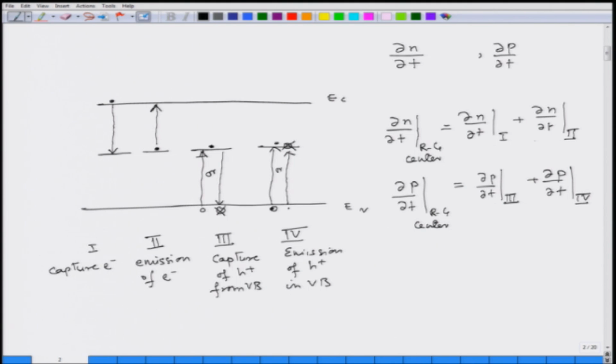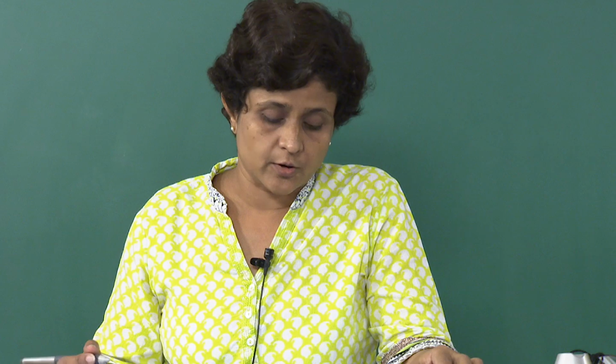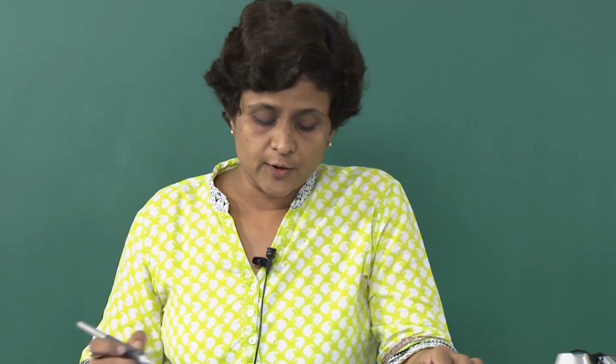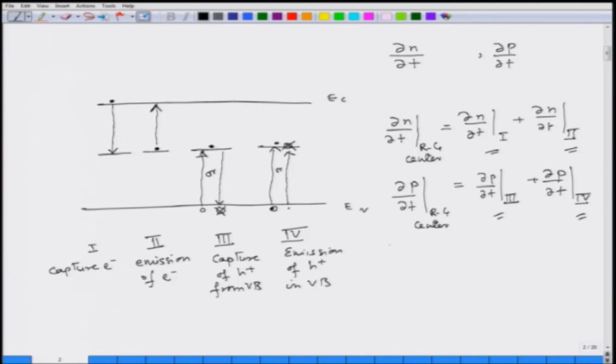So, what are the rates for the first 1, 2, 3 and 4 processes, and there we make certain approximations and certain postulates on how we are going to model it. So, if I want to now give some expressions for processes 1, 2, 3, 4, then if I look at the process number 1, what is that process doing?